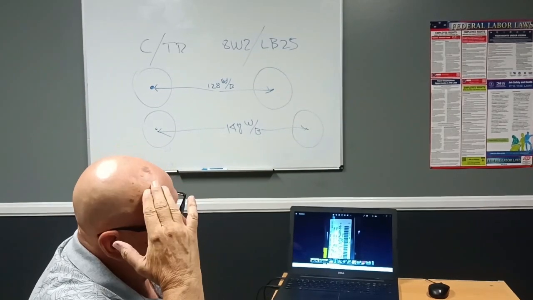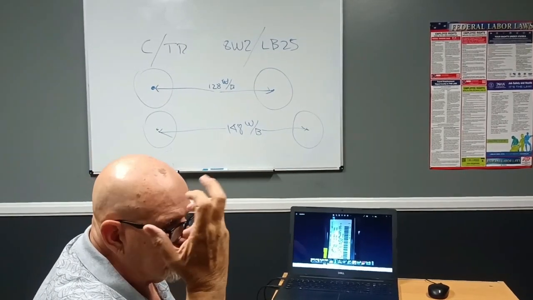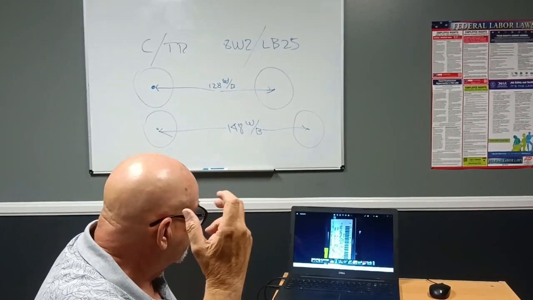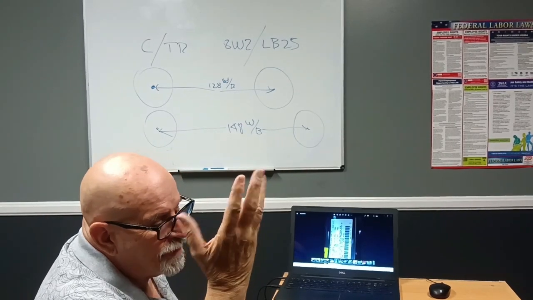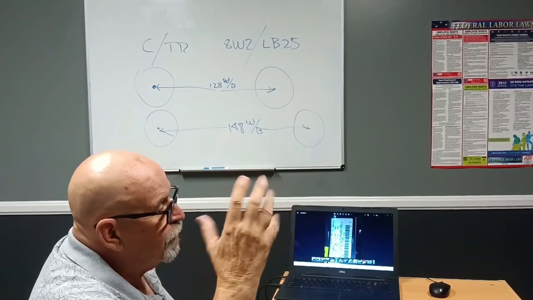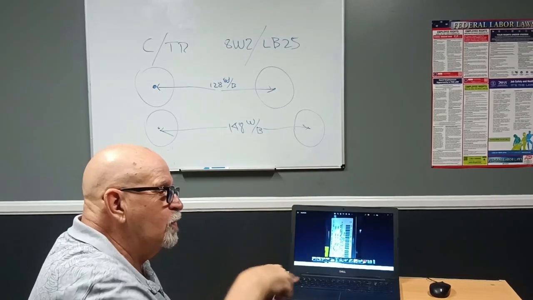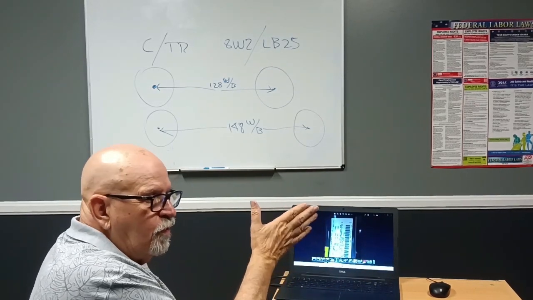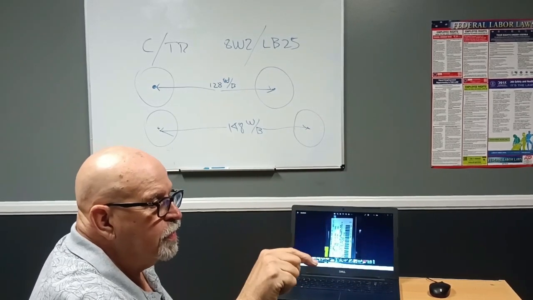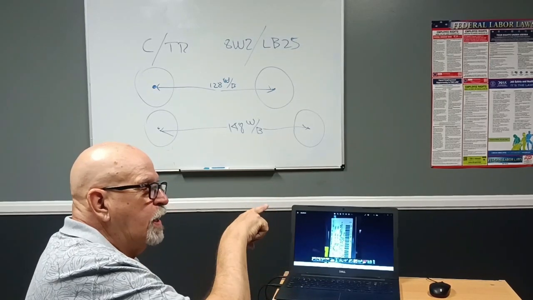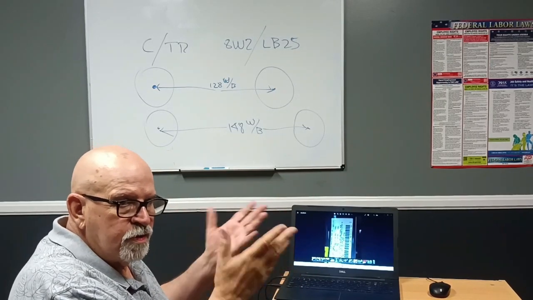Okay, so it says, what does the speedometer have to do with the tire size? Well, it has everything to do with it, because if your tire is bigger, then one revolution around, you're going to travel further than with a smaller tire. The smaller tire may have to go around twice before it gets to the same distance.